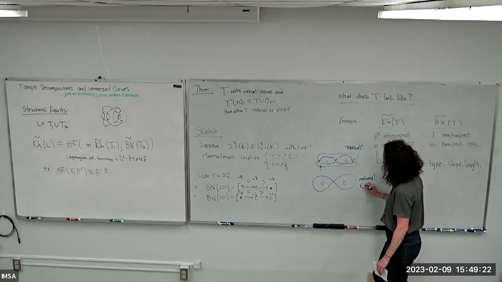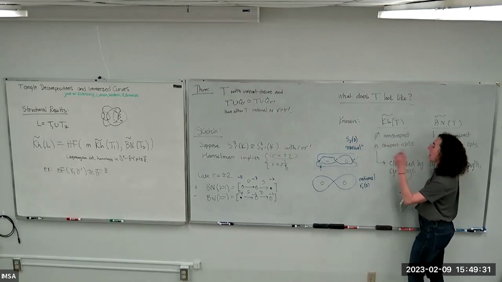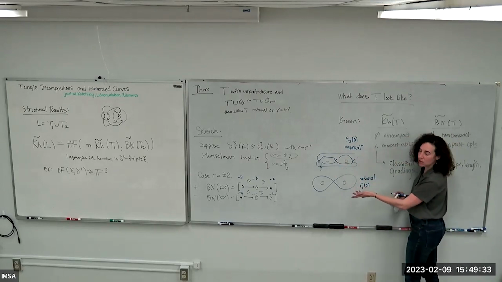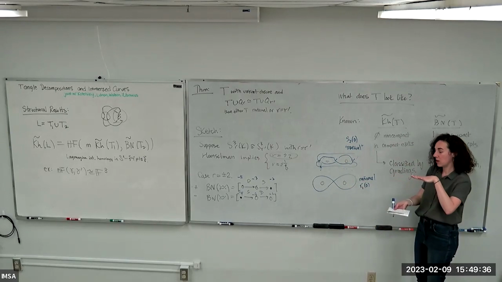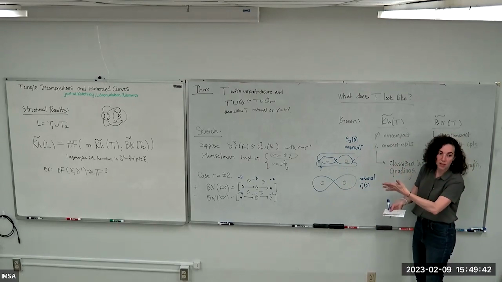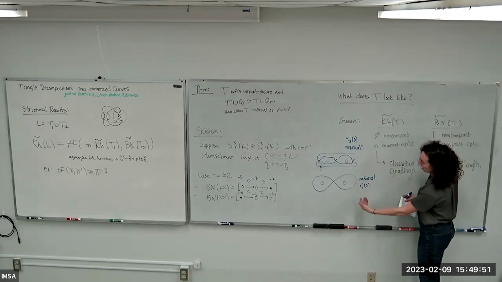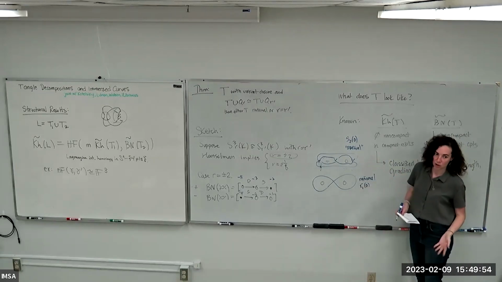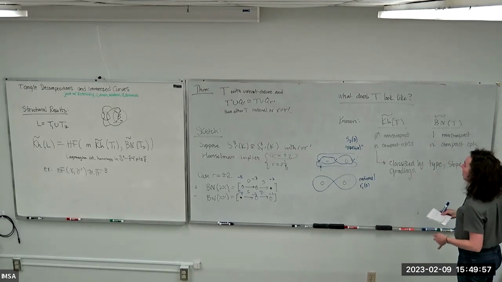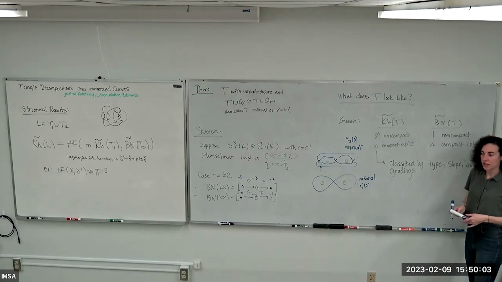This is length 1, and it's slope 0. This is length 2. The subscript is the length, and it's slope 0. The length means how many times it winds around, and the slope means, if you started with something that was slope 0, like a 0-framed tangle, and you twisted it by an action of PSL2Z, you can make the resulting slope here. These are slope 0. So these curves come in these particular types. It's not just like a crazy squiggle. There's some structure to them.